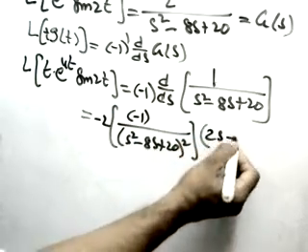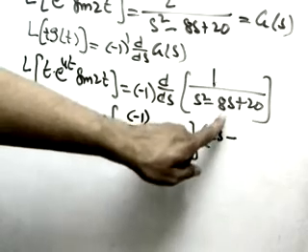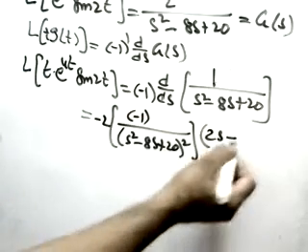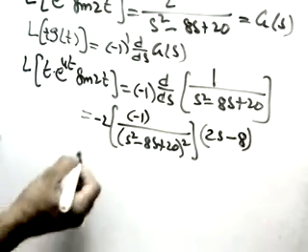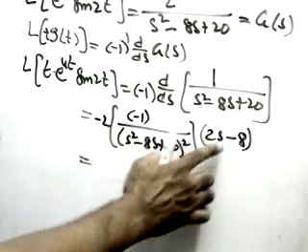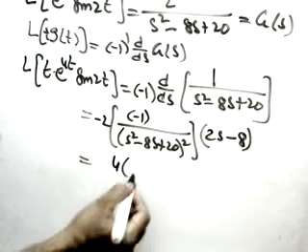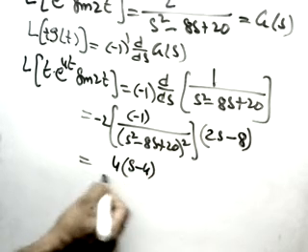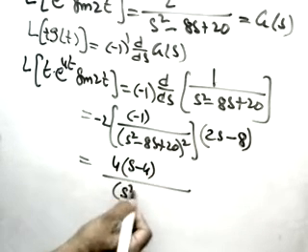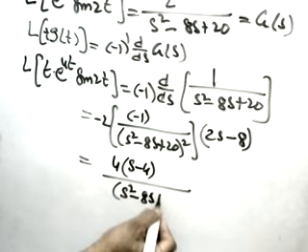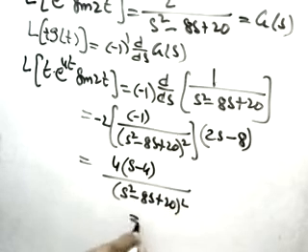D by dx of x square is 2x, so this will be 2s minus, d by dx of s is 1, 1 into 8 is 8. So let me do this last step. Minus into minus is plus. You take 2 common from here. 2 into 2 will become 4 into, if you take 2 common here, it is left with s minus 4, divided by, in the denominator, s square minus 8s plus 20 whole square.